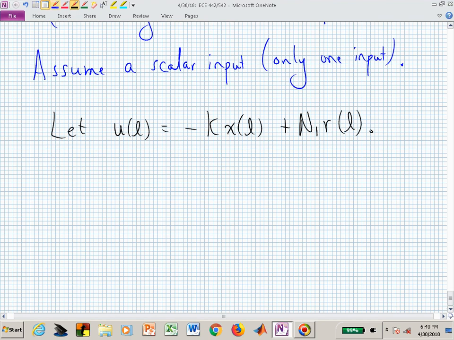And if you wanted to think about what this looks like, let's say we had a single input, u is 1 by 1, but maybe we had 4 components in our state vector. Then we know that K has to have 4 components in that matrix.